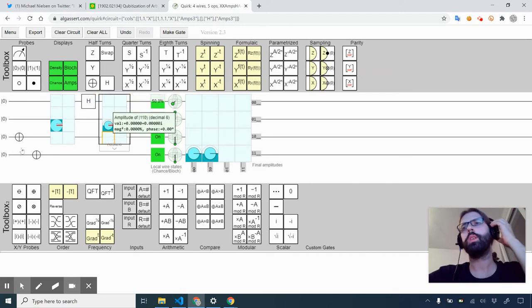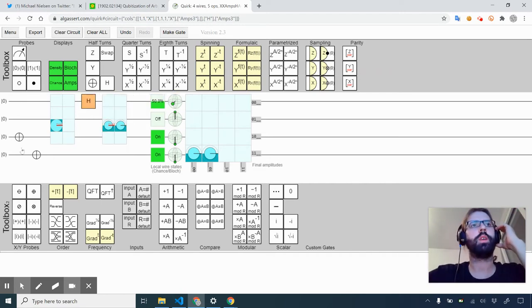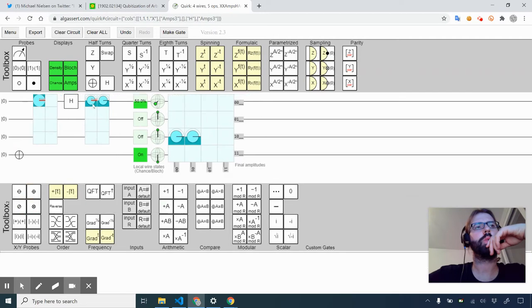Okay, so what this is saying is that you could think of these as encoding the wire into the phases, and the other two don't go there.